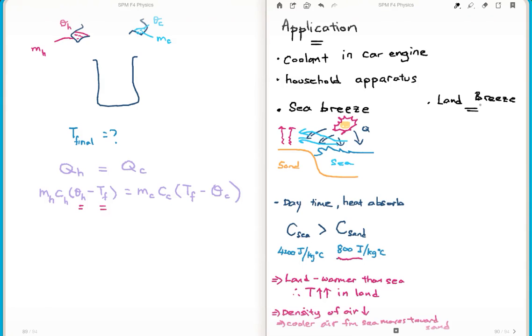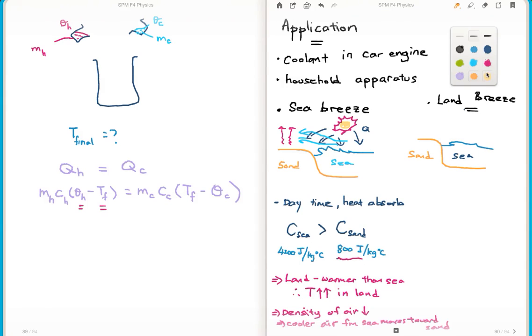Okay, same place, same water. At night time, this is my sea, and this is my sand, which is my land.